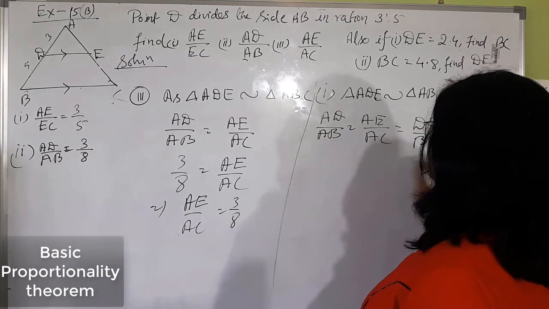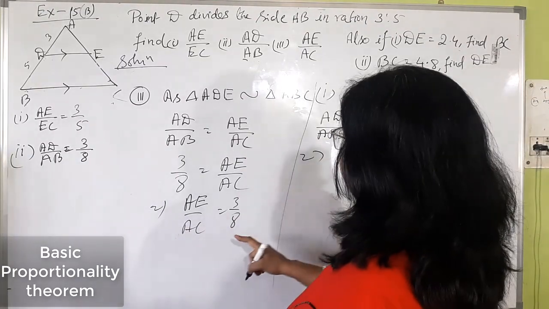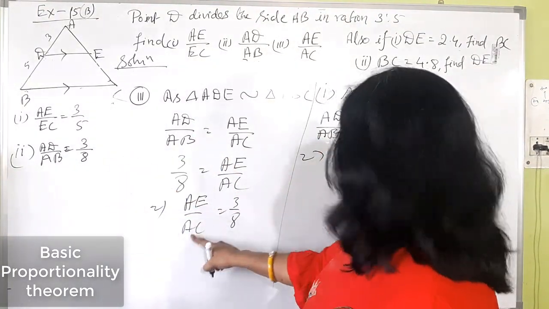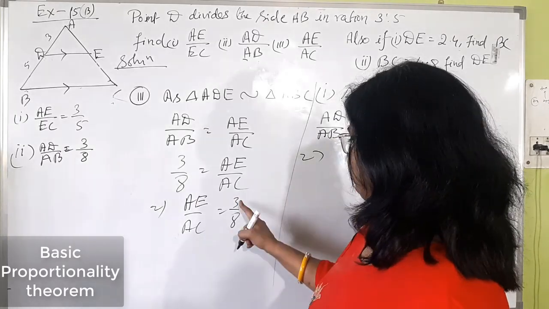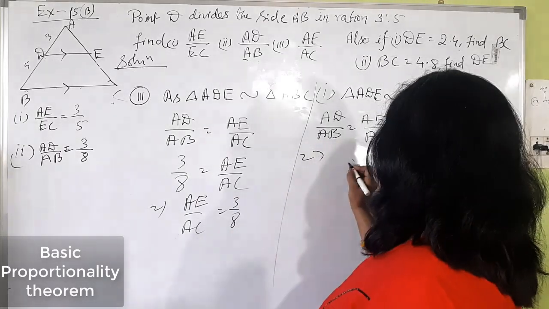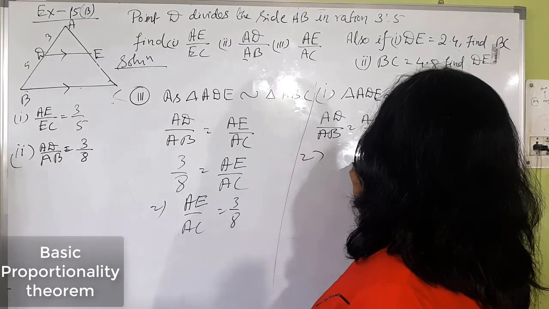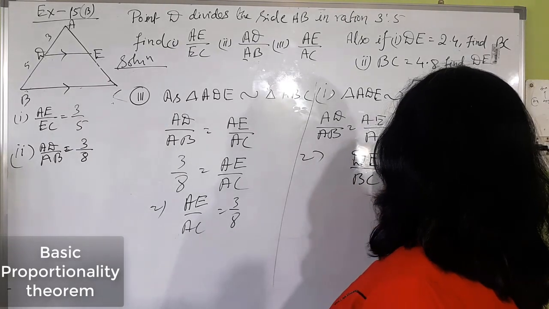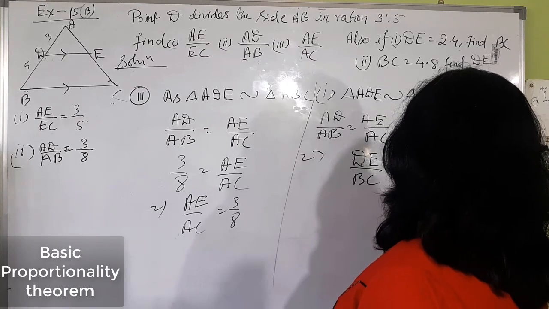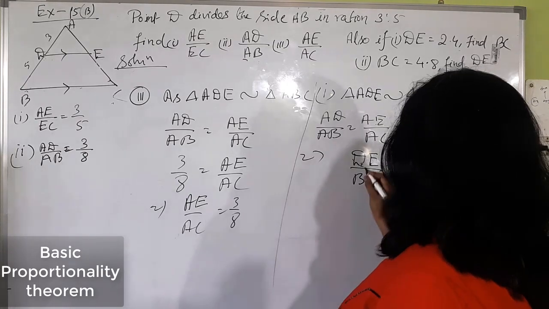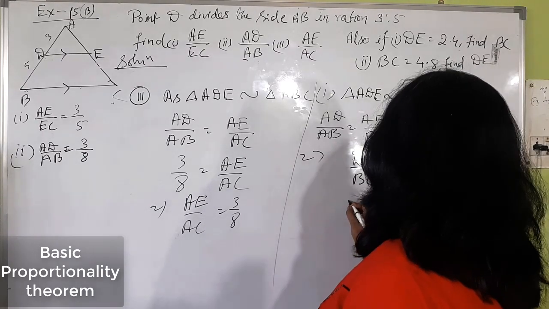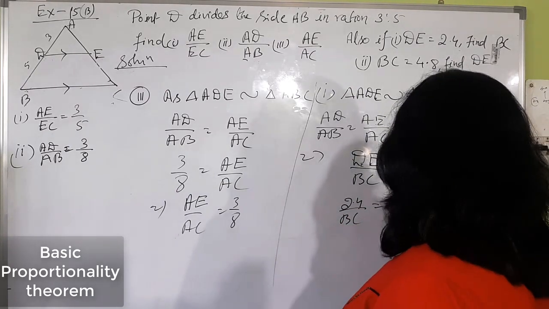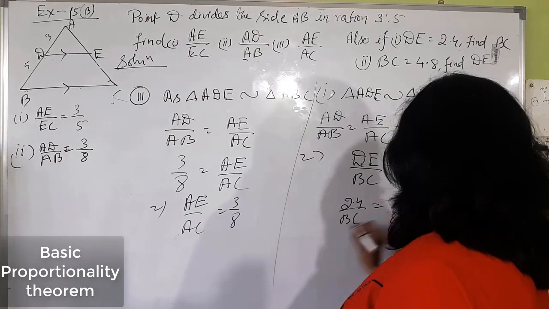Now from the third or second number, AE by AC is equal to 3 by 8. So we can write DE by BC is equal to AE by AC, and the DE value given is 2.4, so 2.4 by BC is equal to 3 by 8.